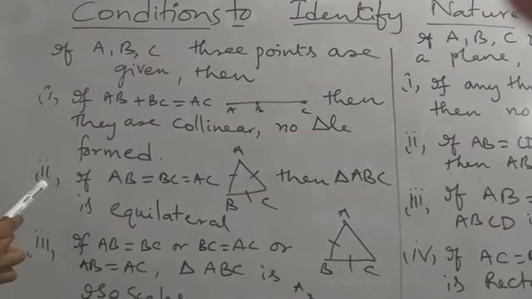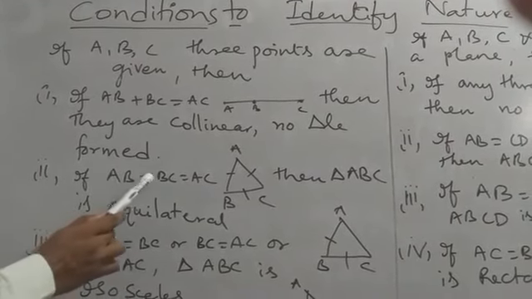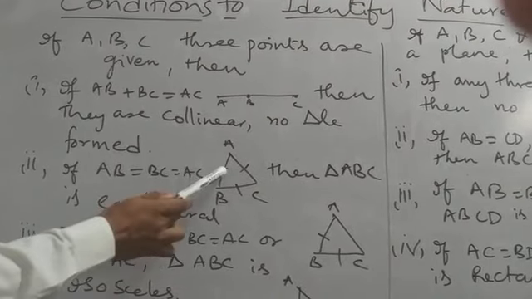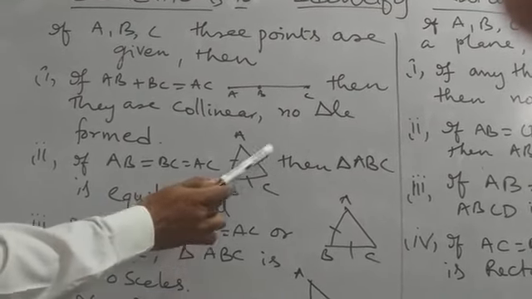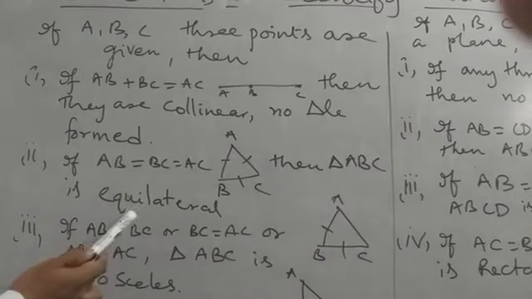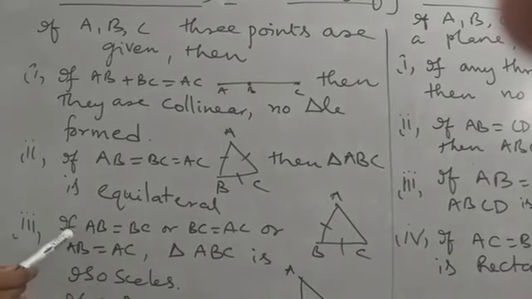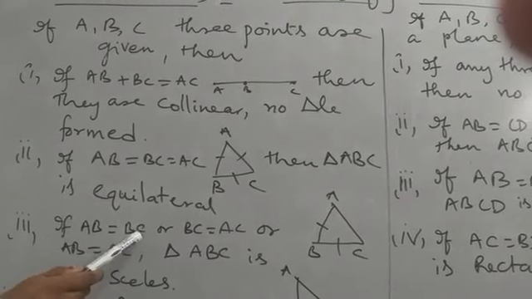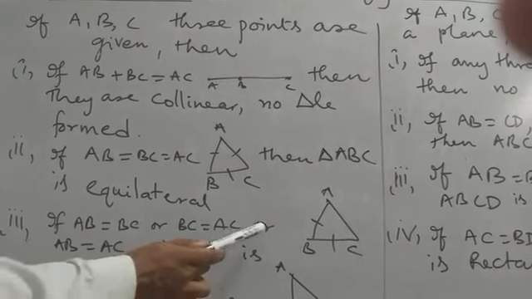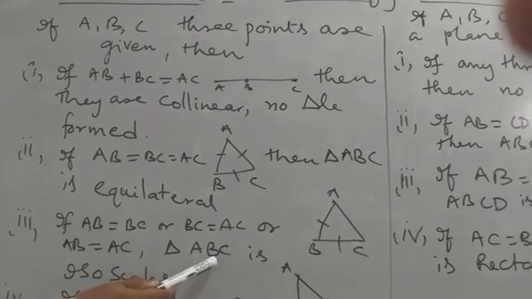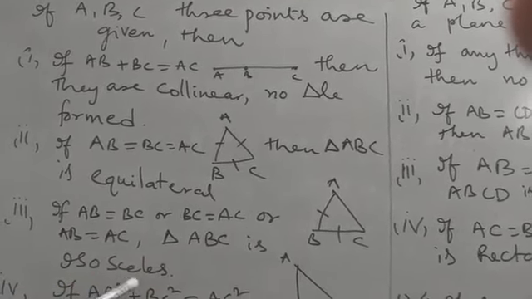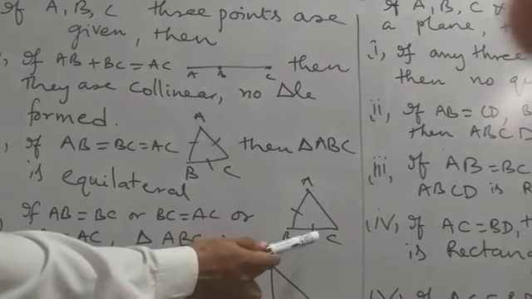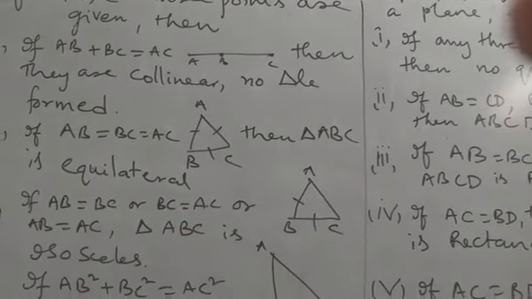Let us discuss the second case. If AB equal to BC equal to AC, then triangle ABC is equilateral. If AB equal to BC or BC equal to AC or AB equal to AC, then triangle ABC is isosceles. For suppose here AB equal to BC, therefore it is an isosceles triangle.